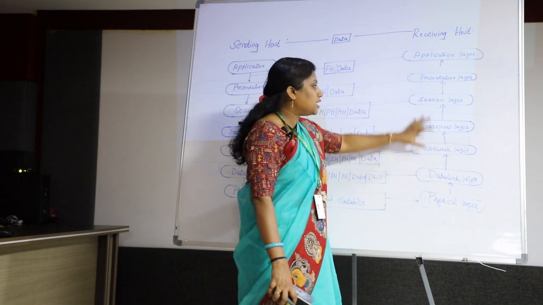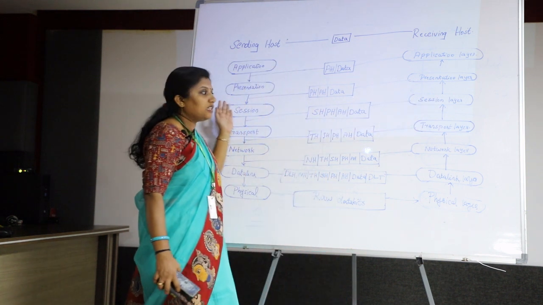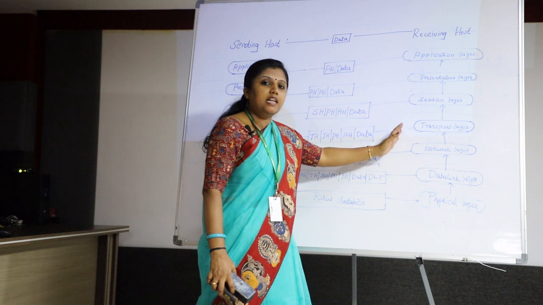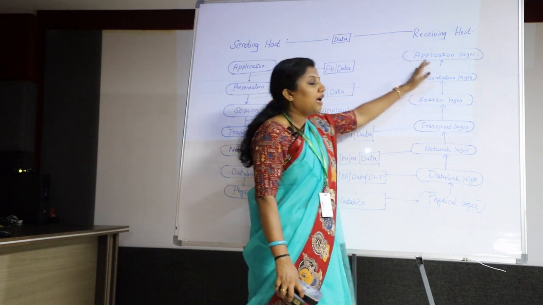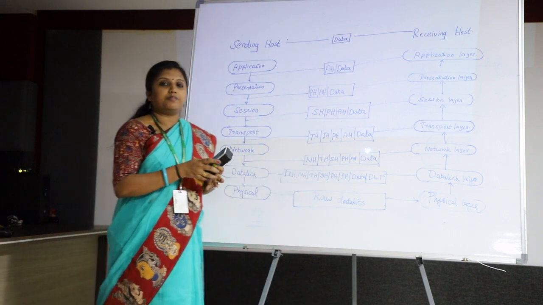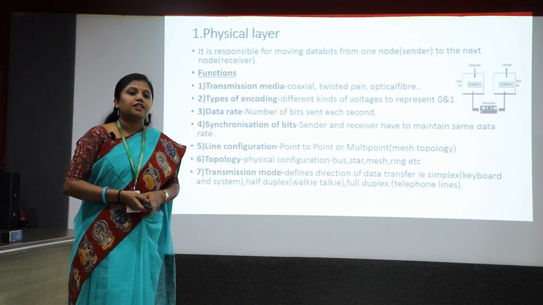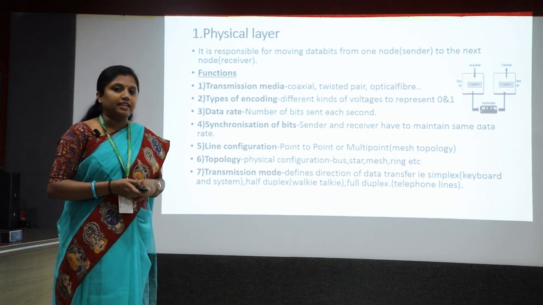During this process, the header information added by the sender is stripped off at each layer and appropriate actions are taken, and at the application layer our data is available to the user.